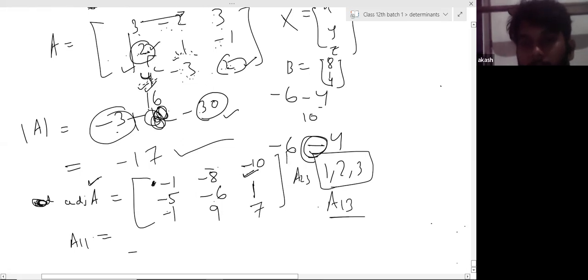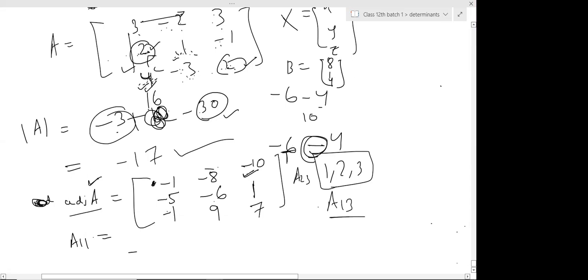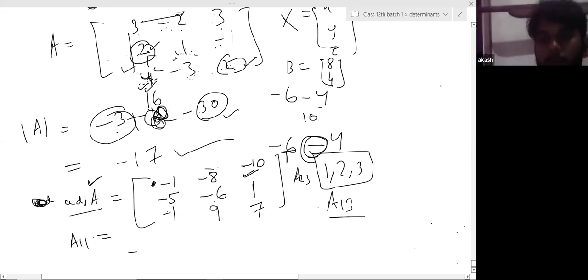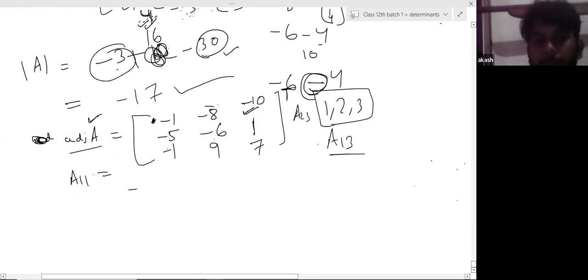All right. And this transpose is the adjoint, right? Yes, sir. All right. So let's take transpose. Minus 1, minus 8, minus 10.